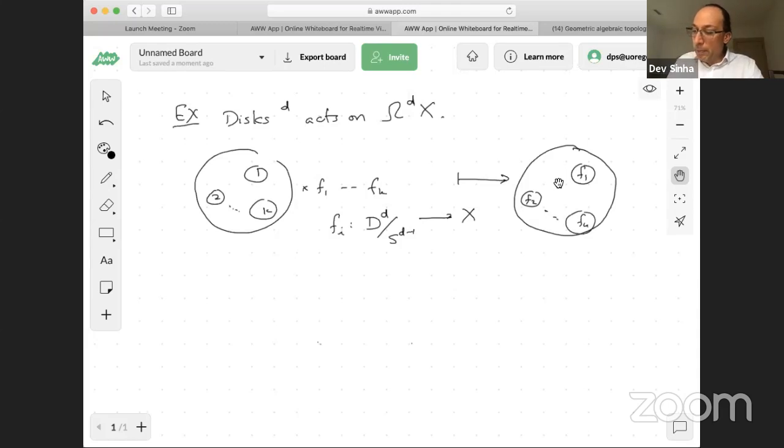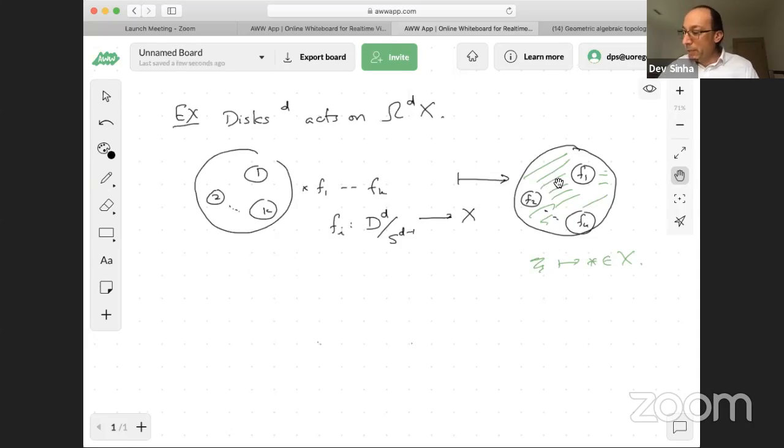And then what happens is, just as before in the one loop case, all this green is going to go to the base point of X. So I make a new loop by multiplying.